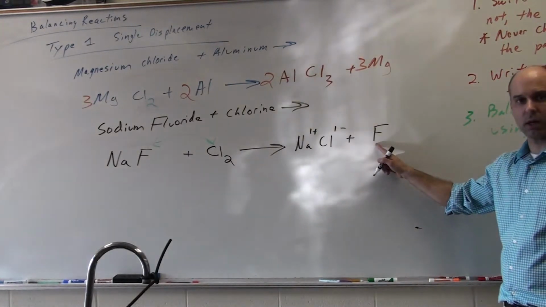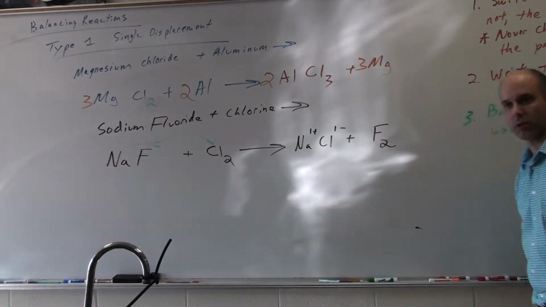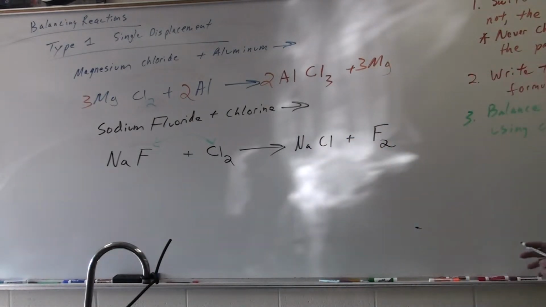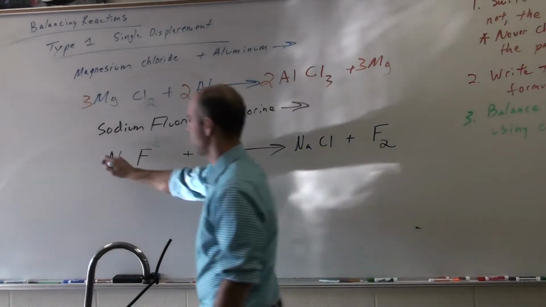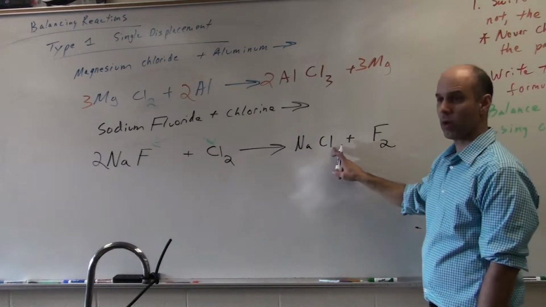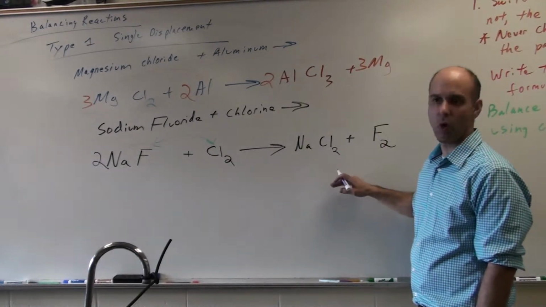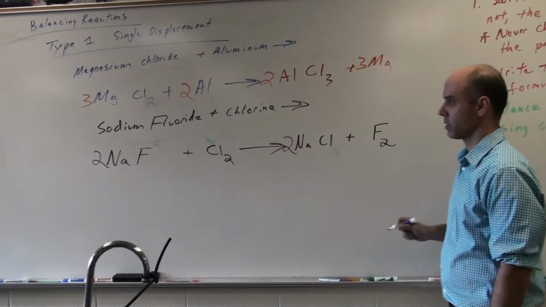Can fluorine be by itself? No. So we put a 2 there. Erase the charges, and now when we balance, use coefficients. In order to get two fluorines, do I just put a 2 there? No. We've got to balance using coefficients.